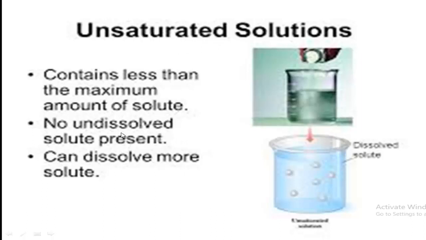So there will not remain any undissolved solute, and this solution can dissolve more solute. So an unsaturated solution has these characteristics: it contains less than the maximum amount of solute, no undissolved solute is present unlike a saturated solution, and it can dissolve more solute.